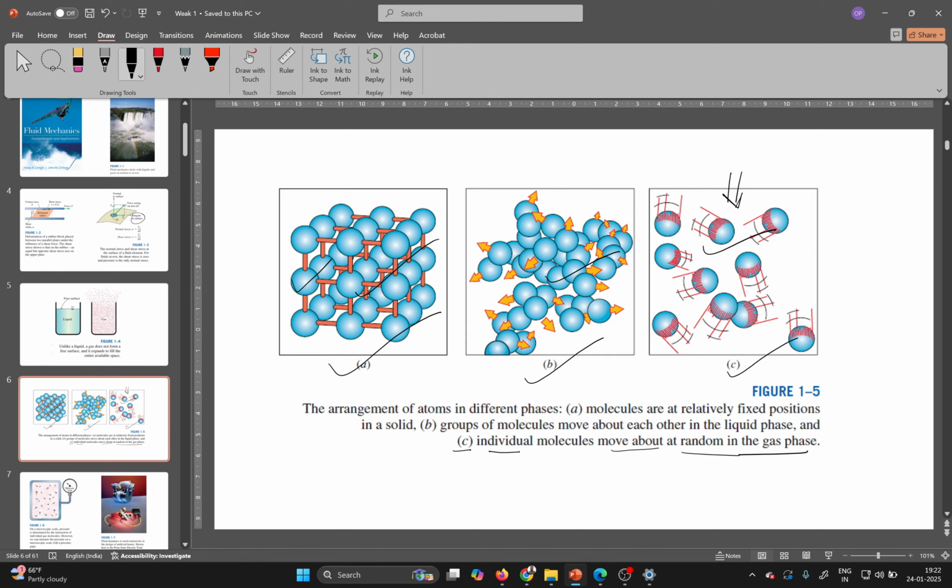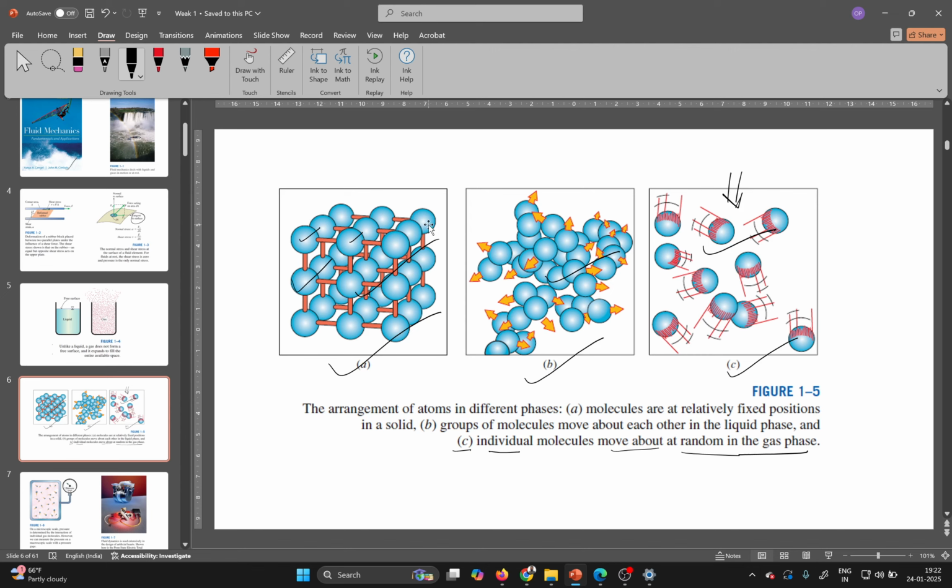Relatively means very minimal movement: when you compare two molecules, the distance in a solid will be fixed, but in a liquid the molecules will move a little bit, and in the gas phase random motion will happen.